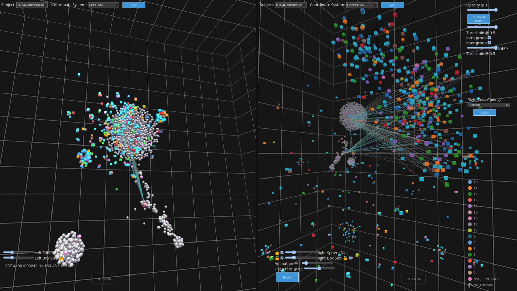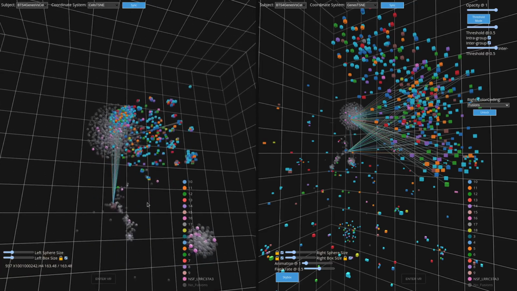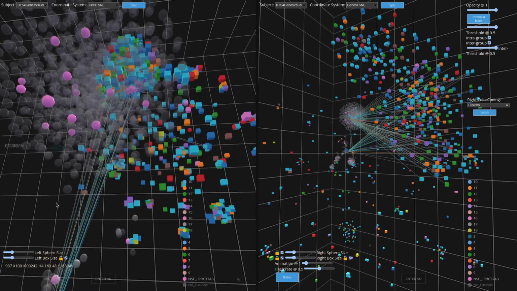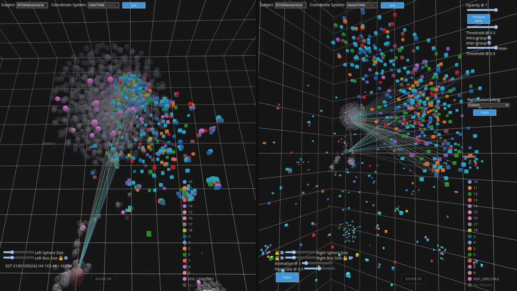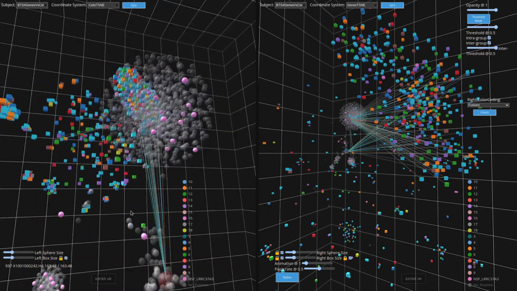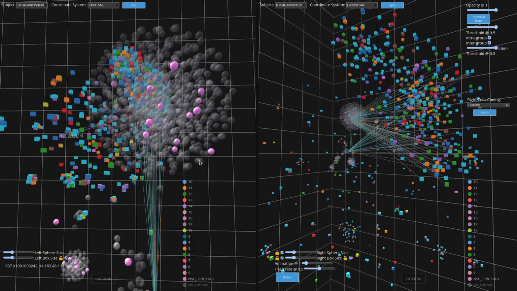So I can blur out the cells that don't harbor any fusions, and you can see that there are a number of cells that harbor a gene fusion there between these two genes, NSF.